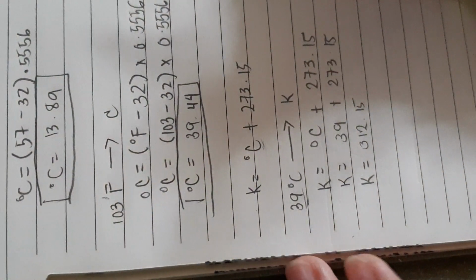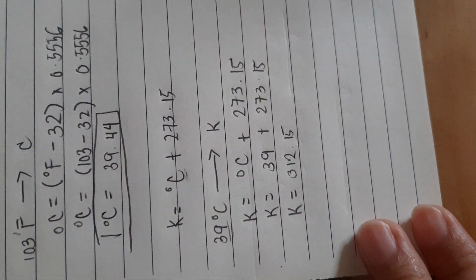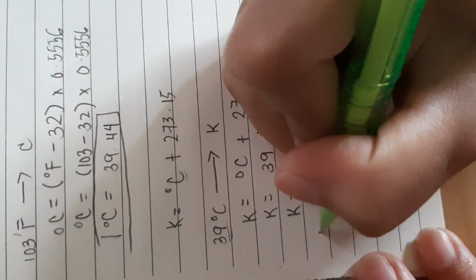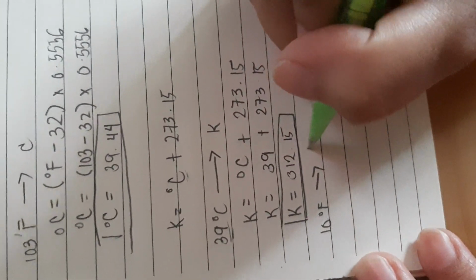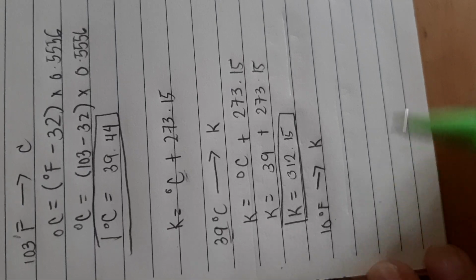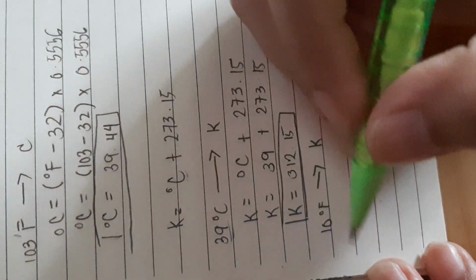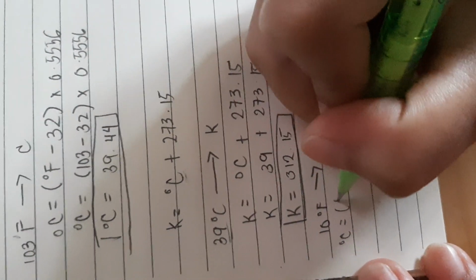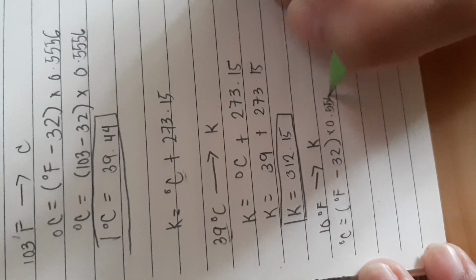Okay, let's have another example, but let's use Fahrenheit for sure. Let's use 10 degrees Fahrenheit, and we need to convert it into Kelvin. As I was saying earlier, you need to convert Fahrenheit into Celsius first before converting it to Kelvin. So let's convert this to Celsius first. Again, degrees Celsius is equal to degrees Fahrenheit minus 32, times 0.5556.